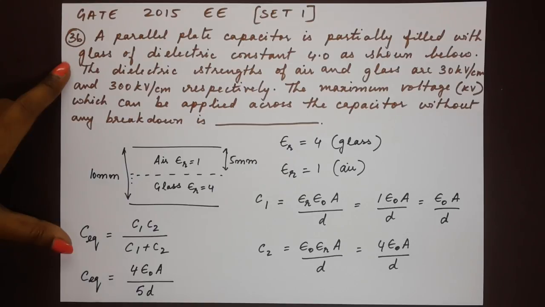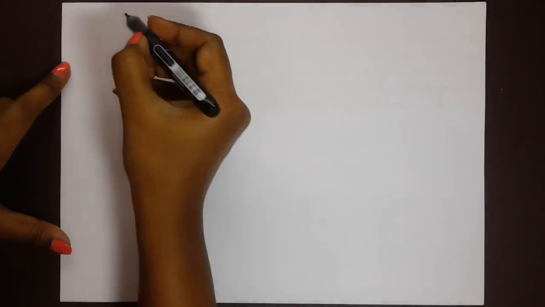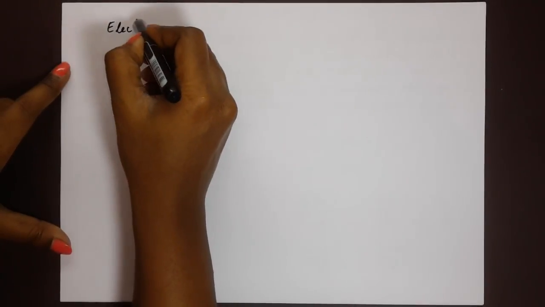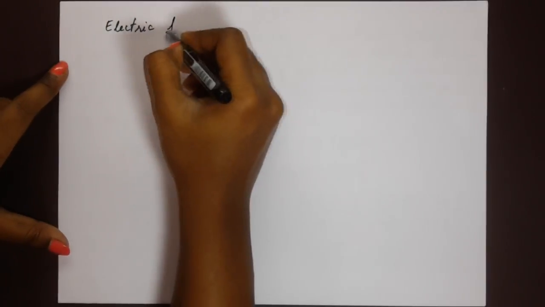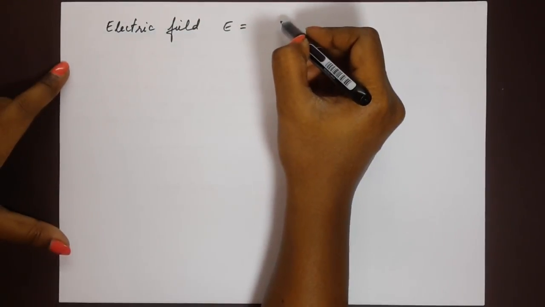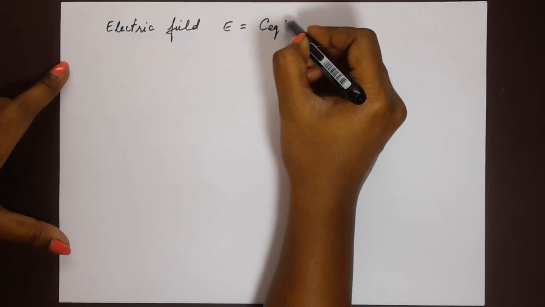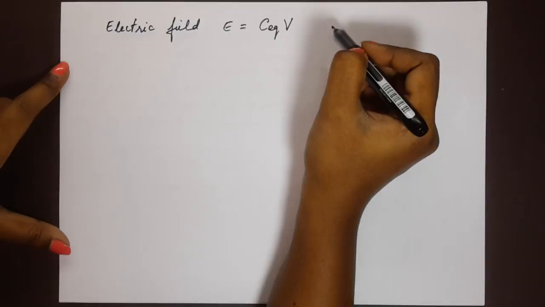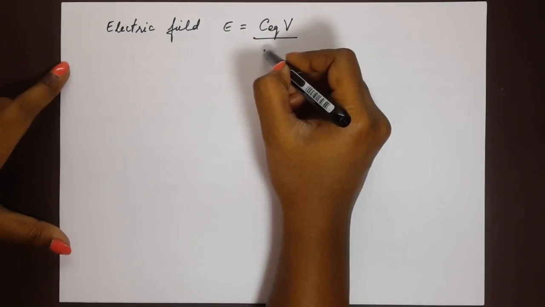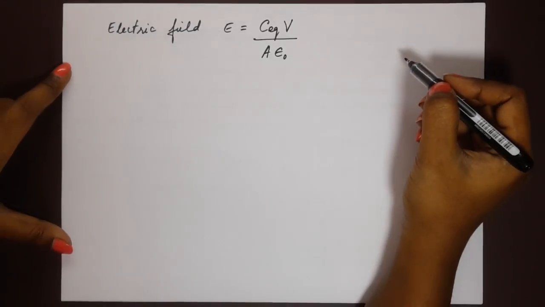Now let's talk in terms of electric strengths, dielectric strengths E. So for an electric field, E written in terms of capacitance C equivalent, we would have the product of the capacitance and voltage divided by the area times epsilon naught.